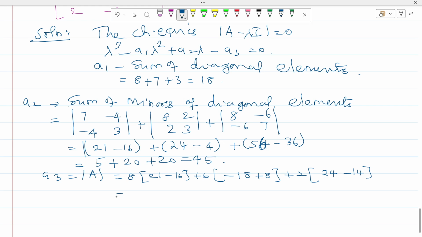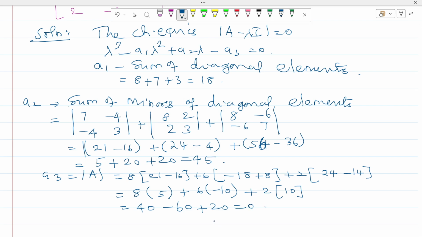So you can calculate now: 8 into 5 plus 6 into minus 10 plus 2 into 10, that is 40 minus 60 plus 20, which is 0.